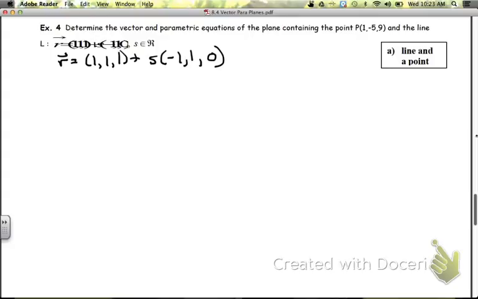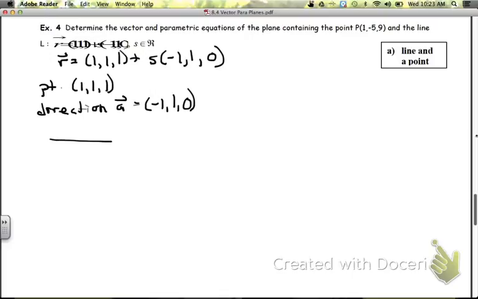Our line gives us our point (1, 1, 1) plus our direction vector, which is a. So we have our point, which is (1, 1, 1), and we have our direction vector a, (-1, 1, 0).